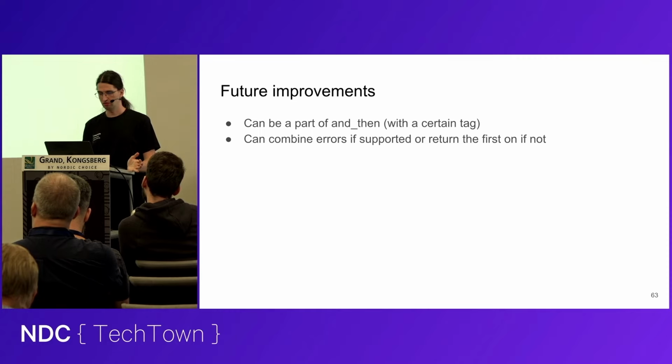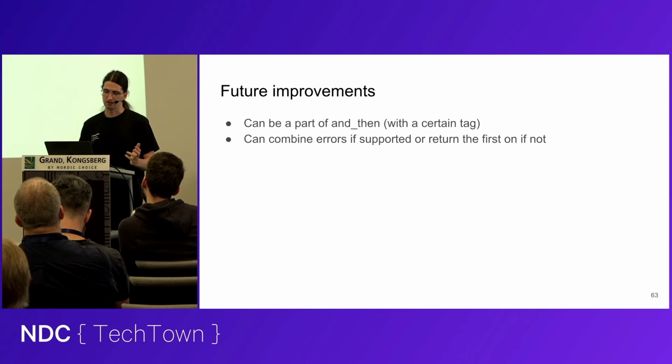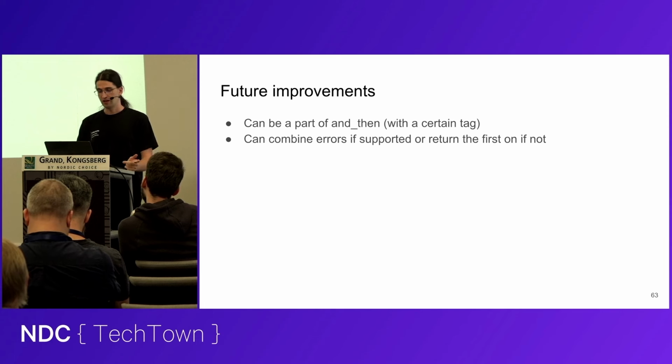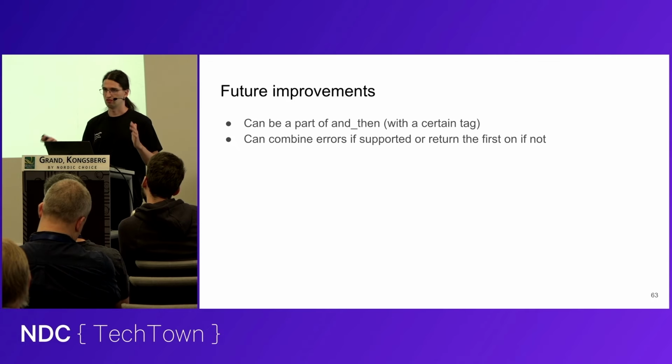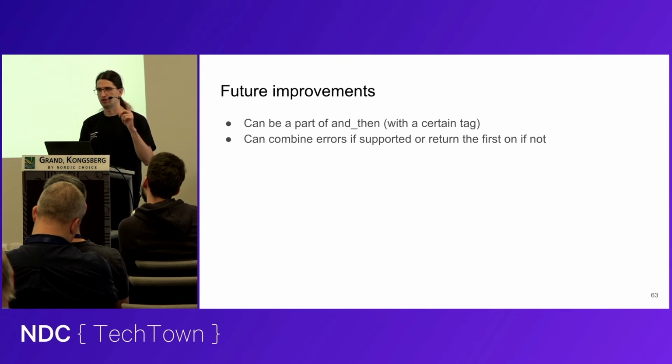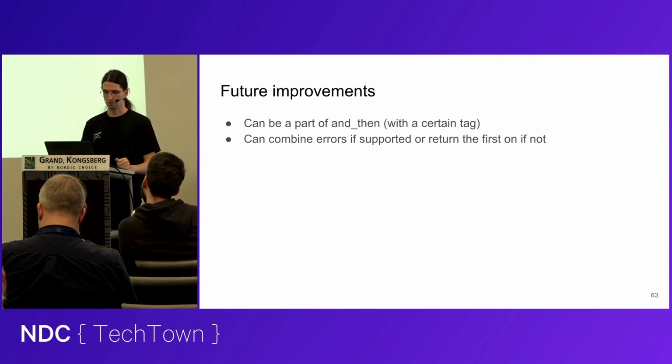For future improvements with up, potentially it can be a part of and_then with a certain tag. I know, again, it's not a super pure approach, but it would still be super practical. And then we also can combine errors if supported, or just return the first or something. We might provide a different customization point on how we want to handle different errors.